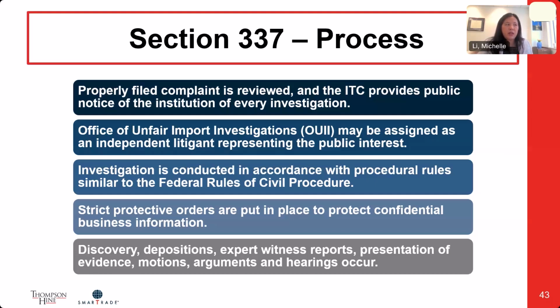For AD and CVD investigations, you will see the in-scope products of the entire country where the investigation will be initiated and targeting, and the additional tariff will be imposed on all the products within scope of the entire country against which the order is imposed. In a Section 337 investigation, you basically exclude all the products of the violating actor, or if it's a general exclusion order, all the products that are in scope from coming into the United States.